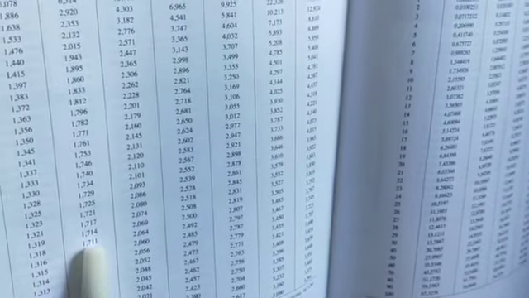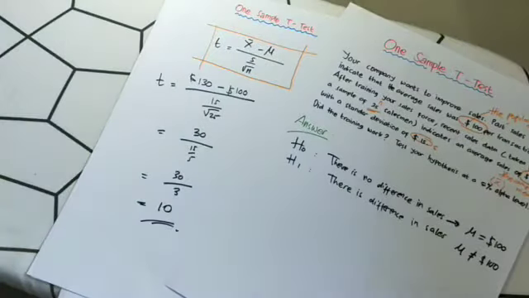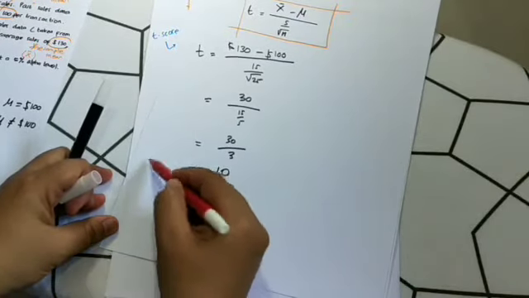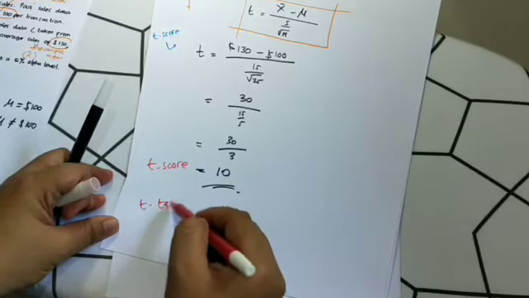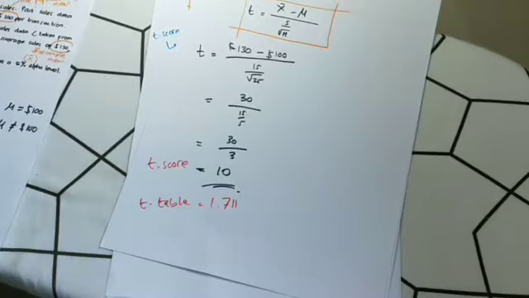So you got the number 1.711. This is your table score. So I will write it down here. This is the t-score, and this is the t-table value, 1.711.